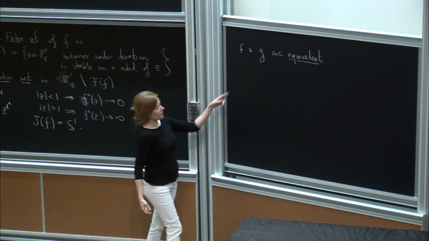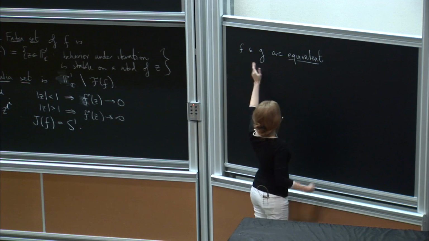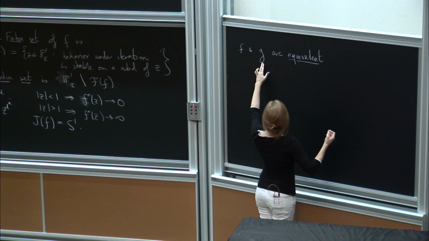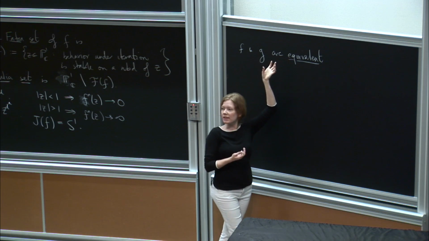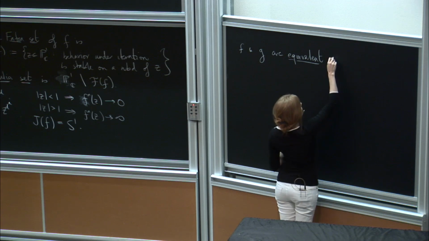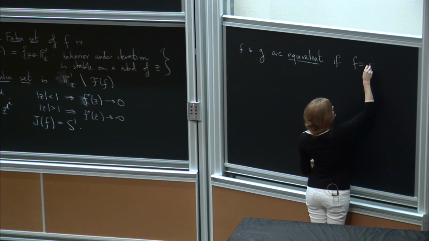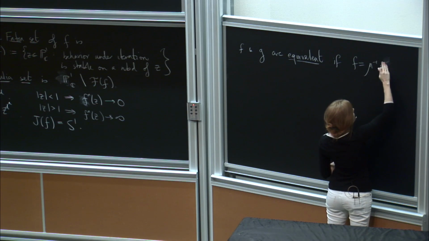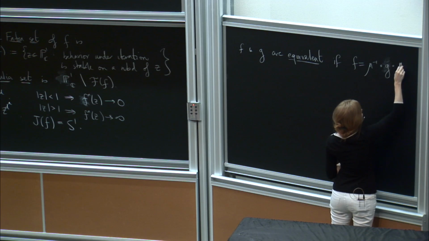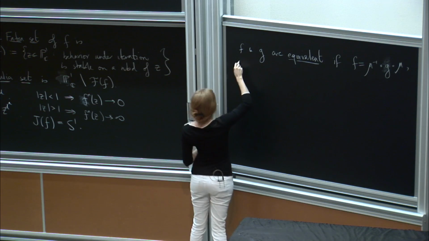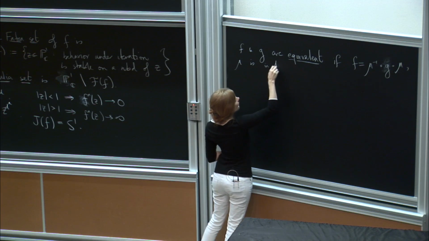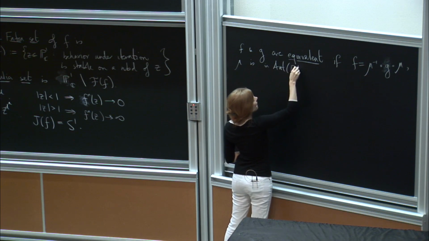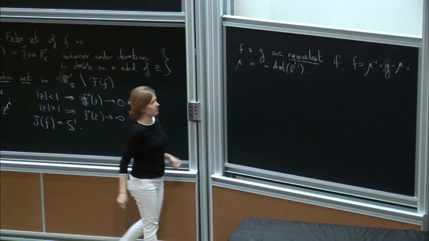The way that this could happen is if I have some transformation between them that respects the process of iteration. And that's exactly conjugation by some automorphism of P1. So f is, say, mu inverse composed with g composed with mu, where mu is any Mobius transformation, or rather, an automorphism of P1.